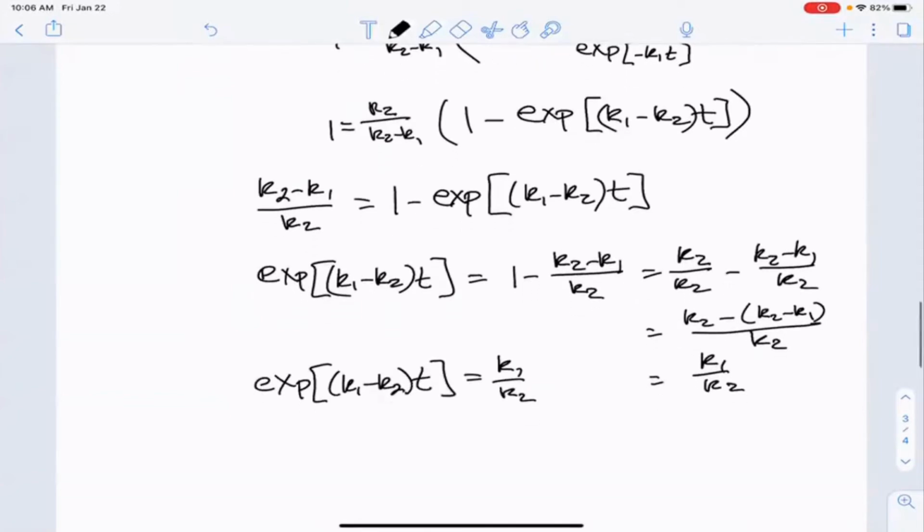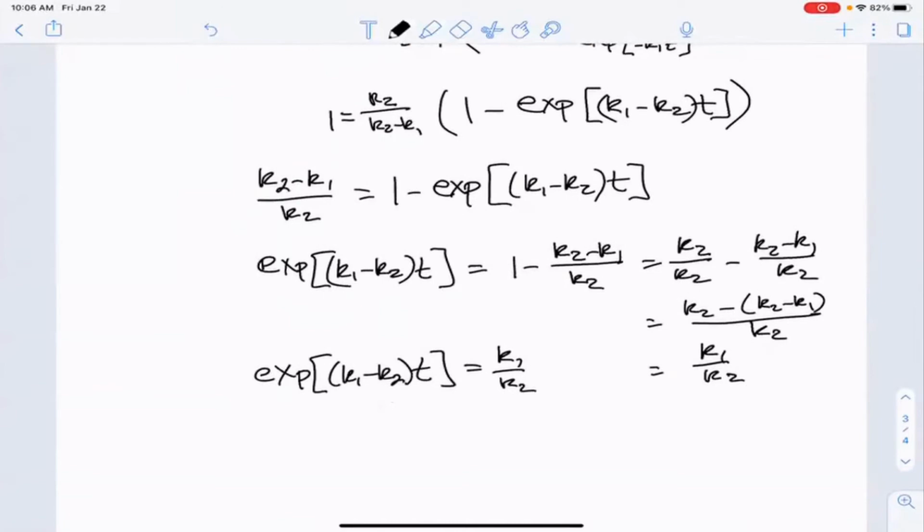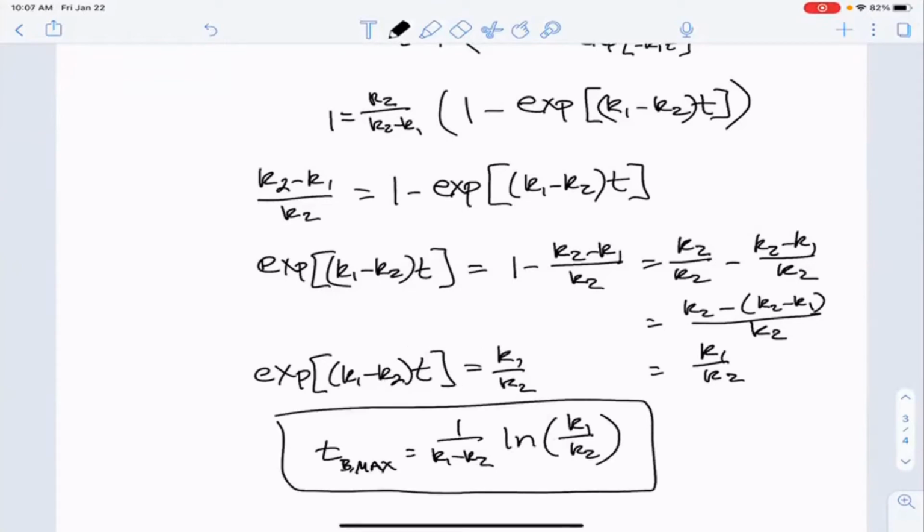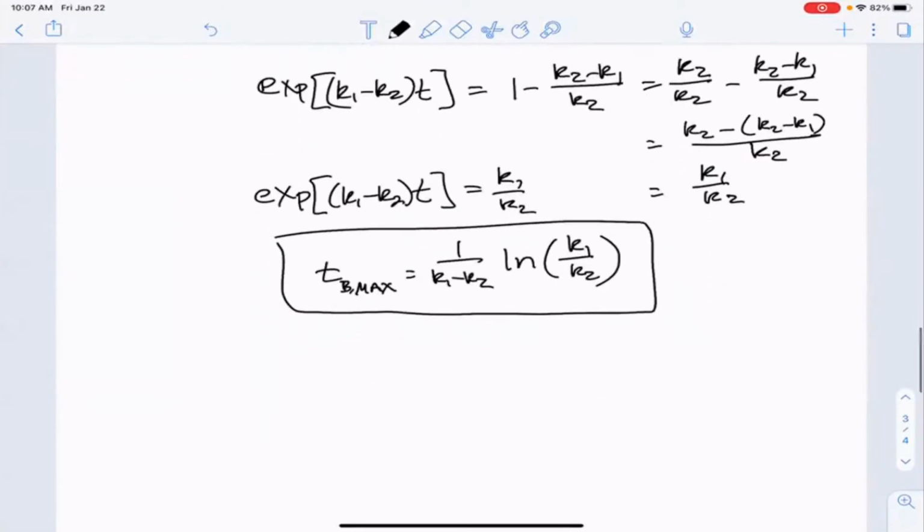And then finally, if we simply solve for time where B is maximized, that's the thing that we were looking for, it just equals 1 over K1 minus K2 times the natural log of K1 over K2. And that's me really just solving for time here, okay? And from here, we could plug in the numbers that we have in this problem.